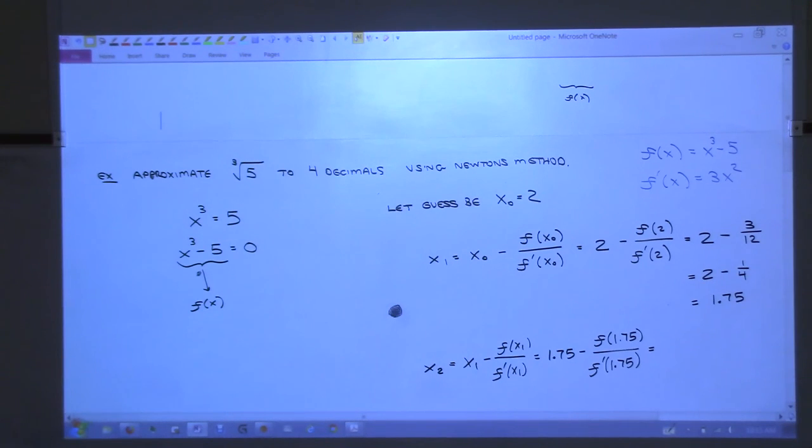Because I need to do 1.75 times 1.75 times 1.75 minus 5, or cube it, right? So 1.75 cubed minus 5.